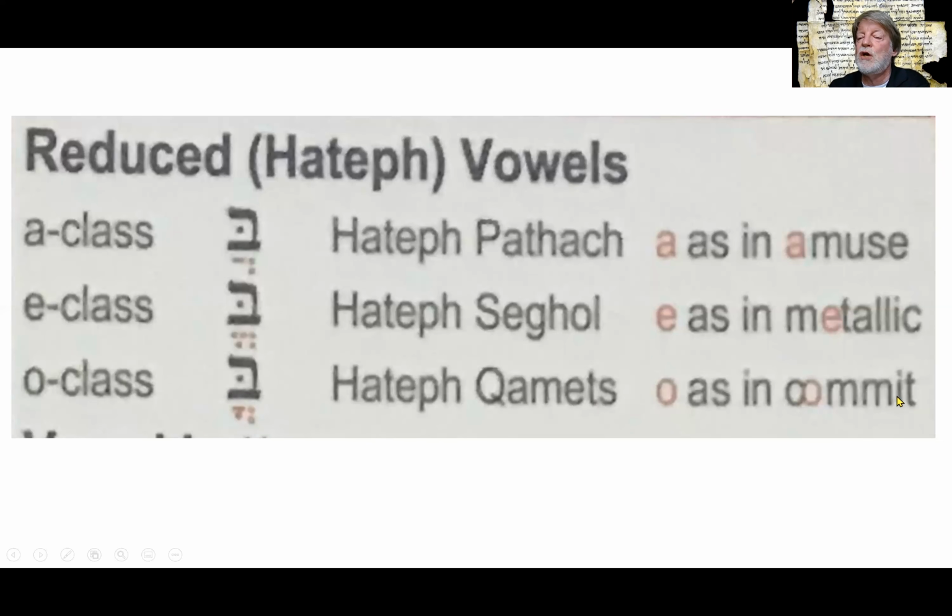So all of these sound almost the same. It's just kind of an uh sound, and you just rush past it. So commit. You don't spend much time pronouncing the vowel.